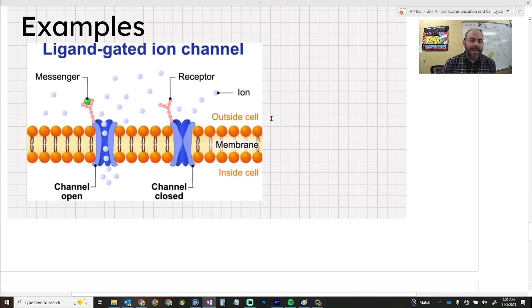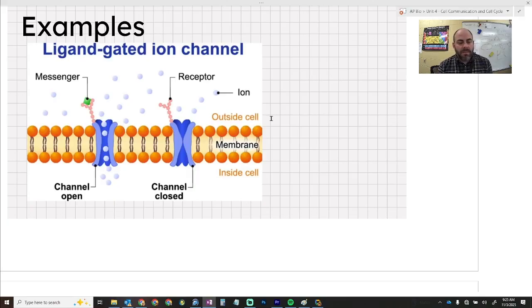I do. Ligand-gated channels. Ligand, reception molecule, gated. There's something that is closed that could be opened. How is it opened? Through a ligand. And it's an ion channel, so it allows ions in. See, the receptor receives the messenger, that causes the gate to be open, and the little ping pong balls fly in.